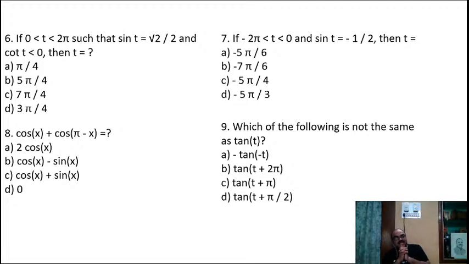You will have 30 seconds to think, but think very carefully. T has to exist between 0 and 2 pi, and sin t is given. Sin t is 1 by root 2 means it is 45 degrees. In terms of cot t, it is less than 0. So what is t?